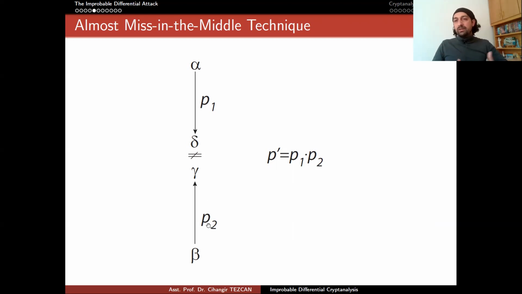If we assume that these two events are independent, with probability P1 times P2, alpha will not go to beta, so it will go to delta and go to something else. But of course, this means if alpha goes to something else, which happens with 1 minus P1, it may also go to beta. So this is why it is not impossible, but it is close to impossible. This is why we call it improbable.